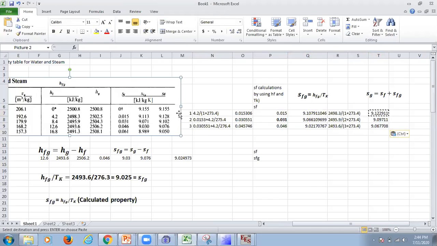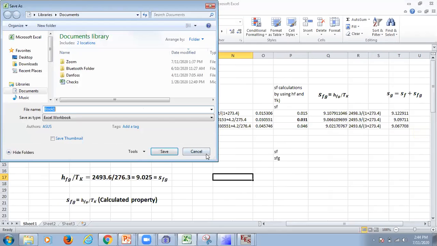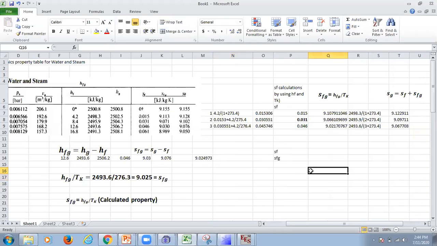So you know that S values are calculated properties. Somehow this knowledge of calculation is very important.